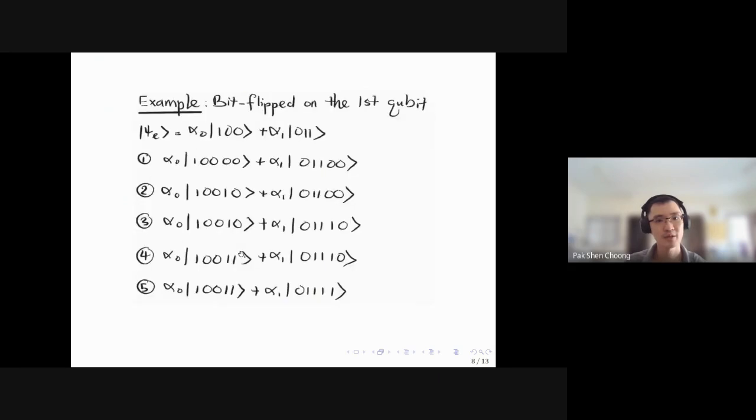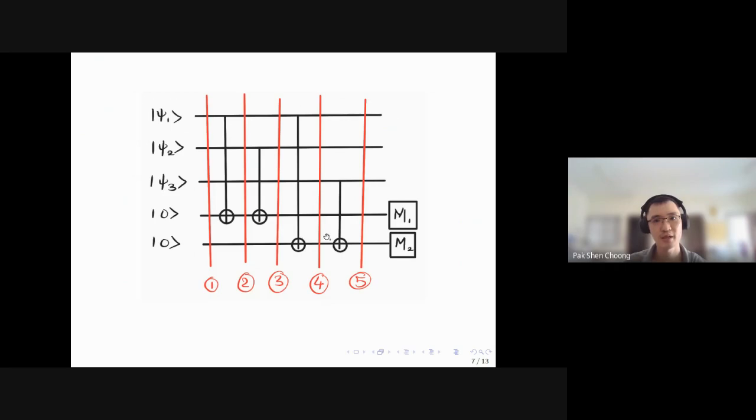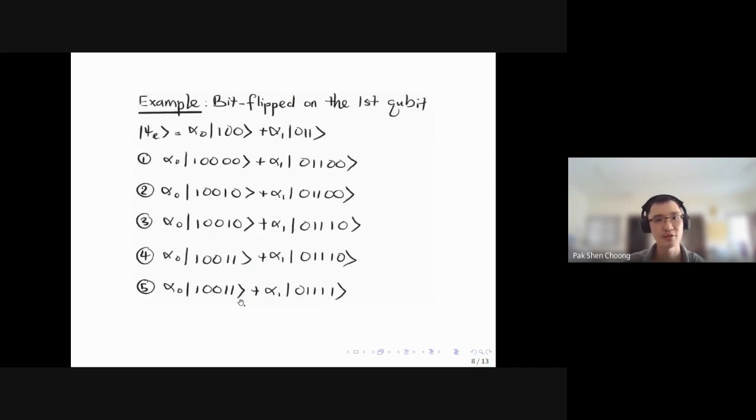So the first is one, so the last is one. This is zero, so this is zero. And then this is one. No, sorry. The third one is zero, so it doesn't change. The third one is one, it changed to one. Then you just measure the last two qubits, and essentially your first three qubits don't change from here, right?